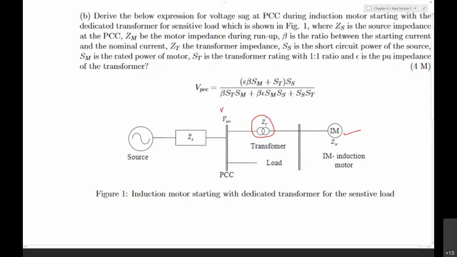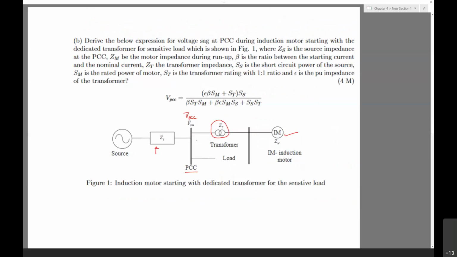This is the point of common coupling, the PCC, and we have a source. In this problem, what we are going to derive is this particular expression, the voltage at PCC. We need to find the voltage at PCC during the starting of this induction motor.